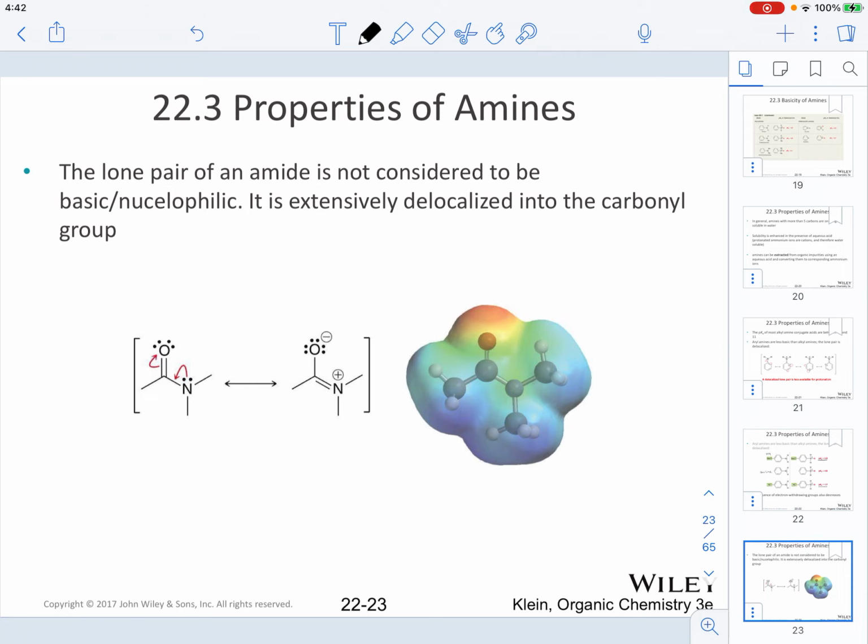Understand that the lone pair of an amide is not considered to be basic or nucleophilic because it is extensively delocalized into the carbonyl group.